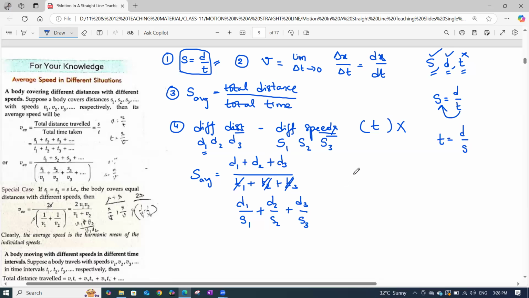Now average speed is equal to, in the numerator, d1 plus d2 plus d3, and in the denominator, d1 by s1 plus d2 by s2 plus d3 by s3. So these are the different formulas we can make.